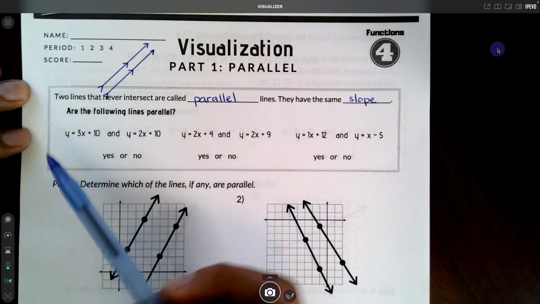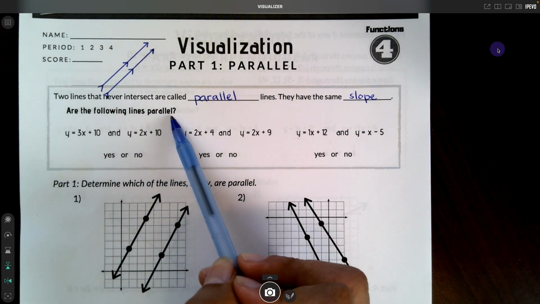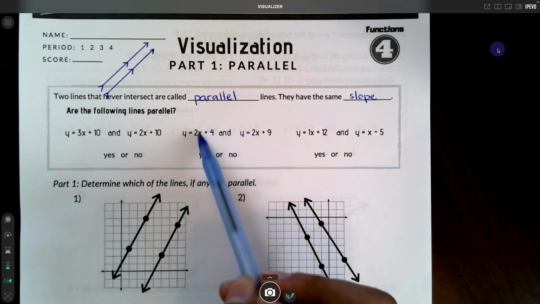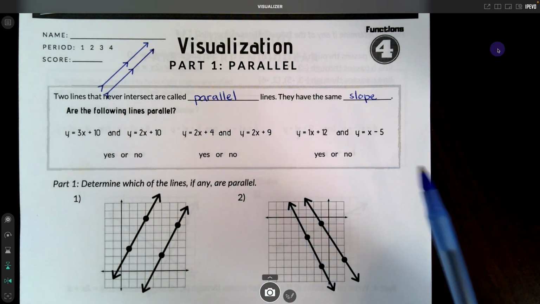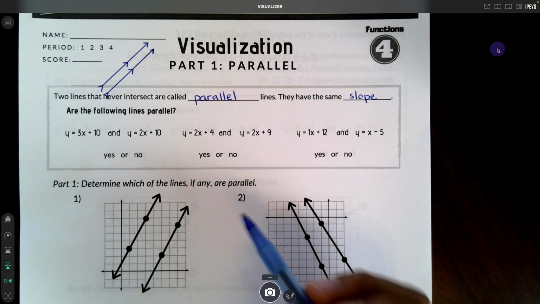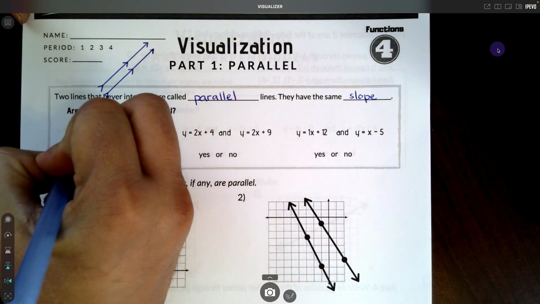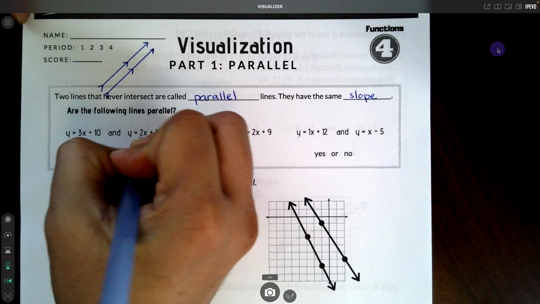Now I have a question for you. Are the following lines parallel? So this pair, this pair, this pair. Go ahead and look at them and see if you think any of them are parallel. First thing you should remember is if you want to know if they have the same slope, you look at the number in front of the x.